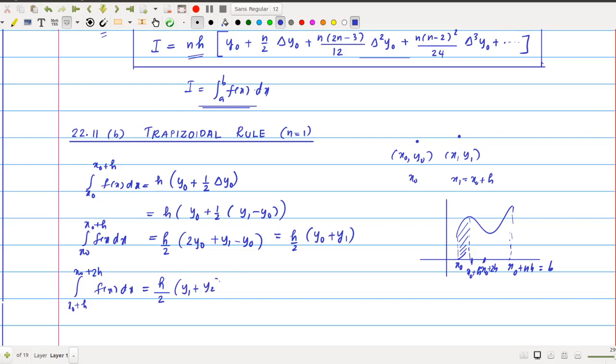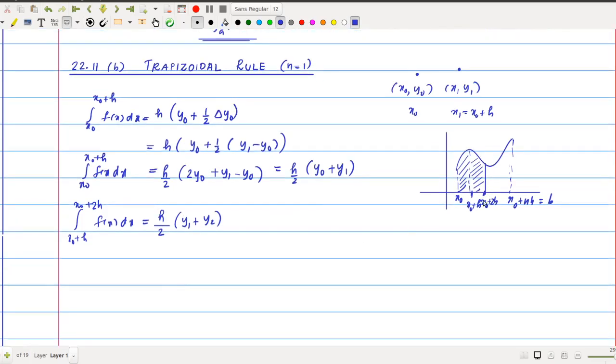Okay, so this will be the integral in the second interval. So we will get this one using this. Similarly we can evaluate in the other intervals, all the way up to x0 plus nh.